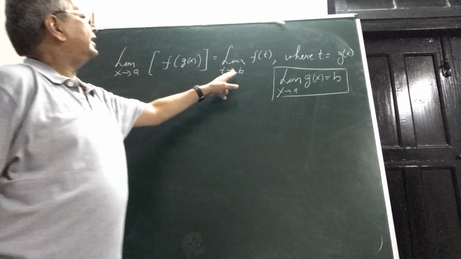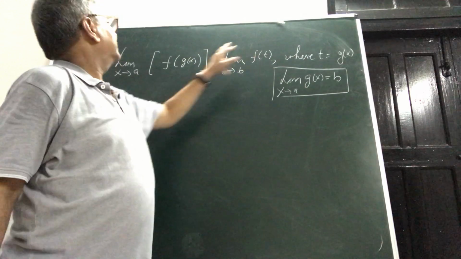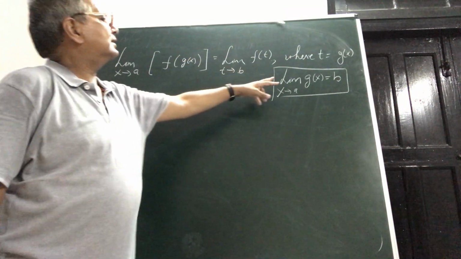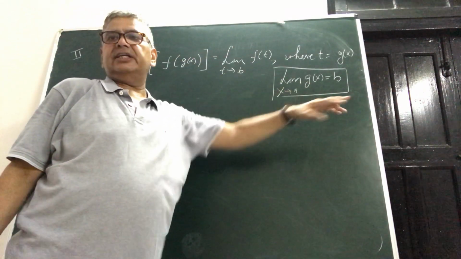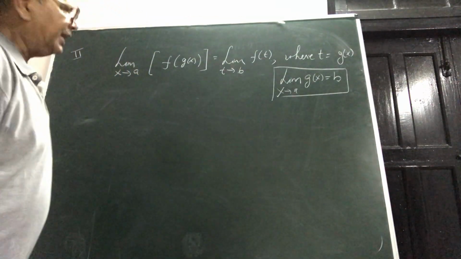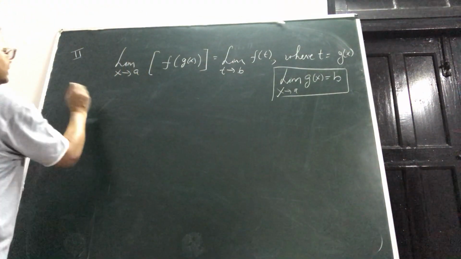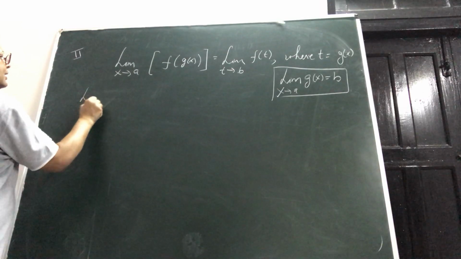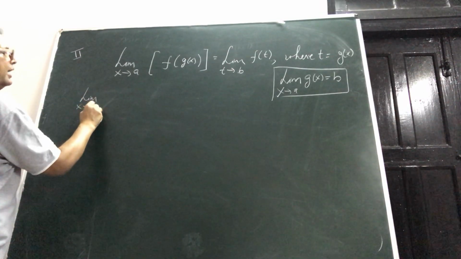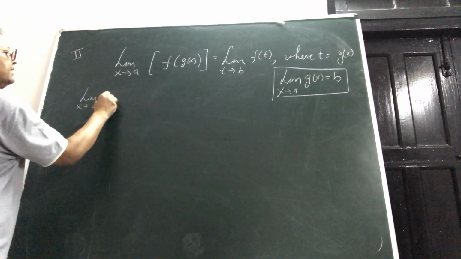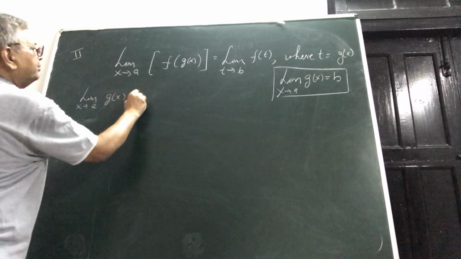So this is the limit as t tends to b of f(t), where t is your inner function g(x). And the limit as x tends to a of the inner function is nothing but b. What it means is: limit as x tends to a of g(x) is equal to b.